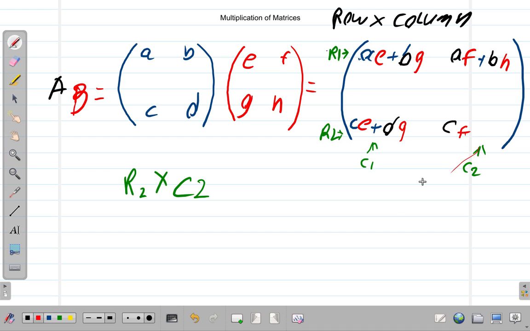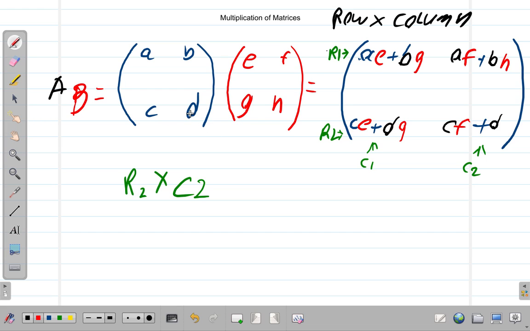It's going to be F. Alright? Plus, then the second elements. What is the second element of row 2? It is, of course, D. Plus, multiply the second element of row 2 by the second element of column 2.